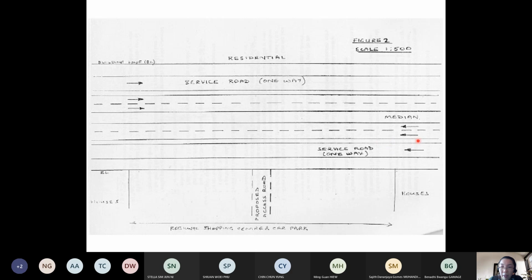You don't have every 50 meters or so another small intersection. So this service road is where it is connecting to your adjacent properties.